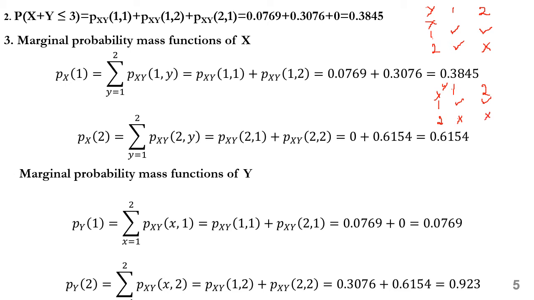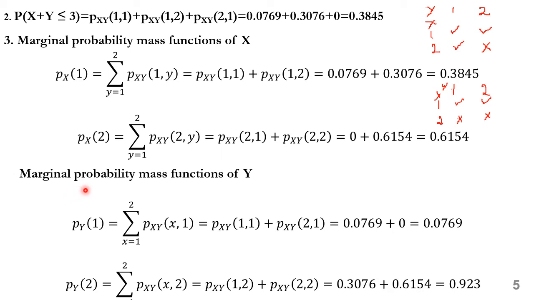When I add those two values, I get the joint probability Pxy of 2, 1 plus Pxy of 2, 2, which gives me 0 plus 0.6154, that is equal to 0.6154.